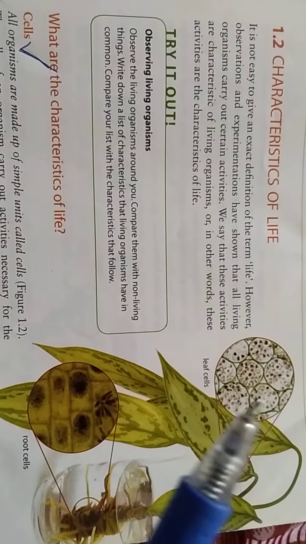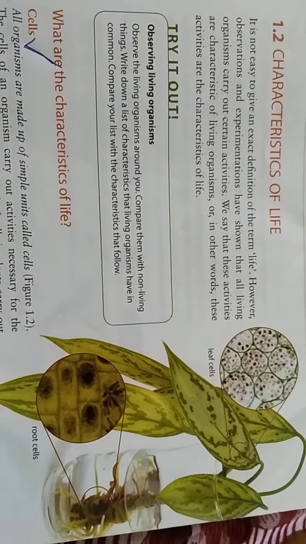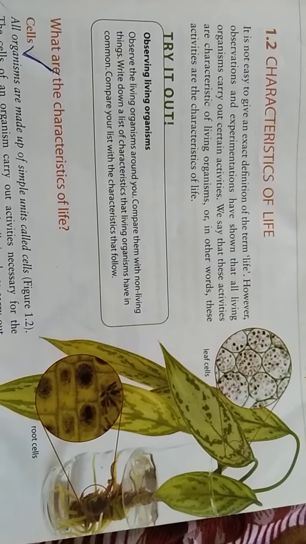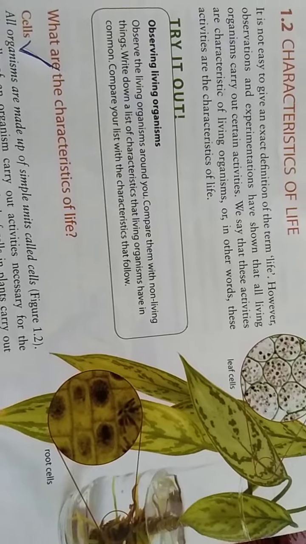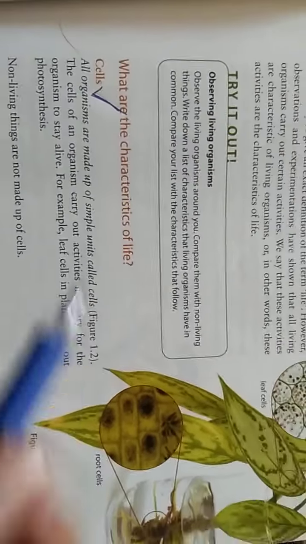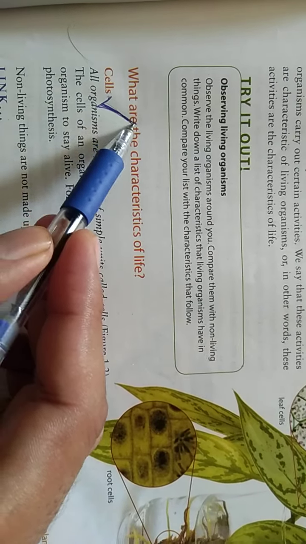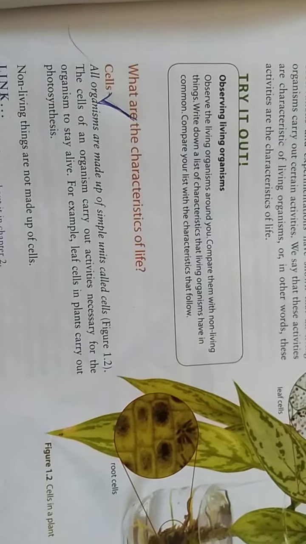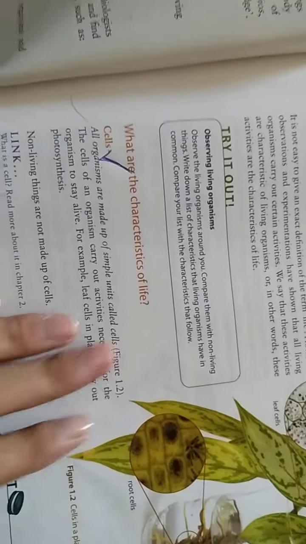Small cells are organized to form an organism, as mentioned at the start. The cell is the basic unit of life. Every body consists of small units called cells.